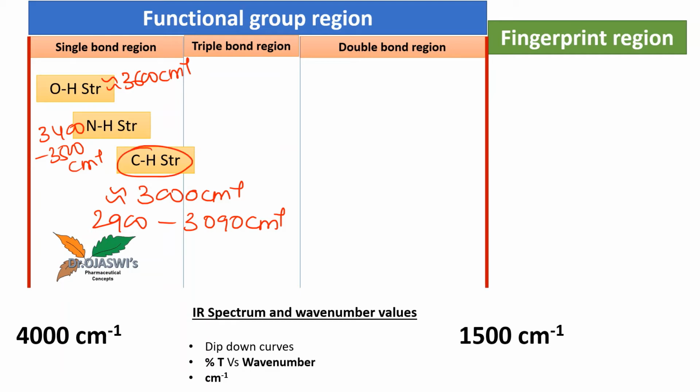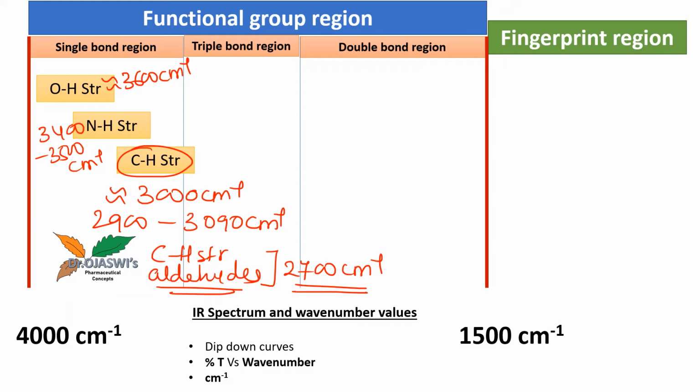Here, a very characteristic CH stretching of aldehydes: we have to remember that the CH stretching peak of aldehydes appears around 2700 centimeter inverse.